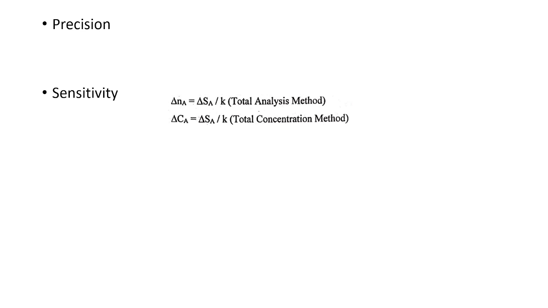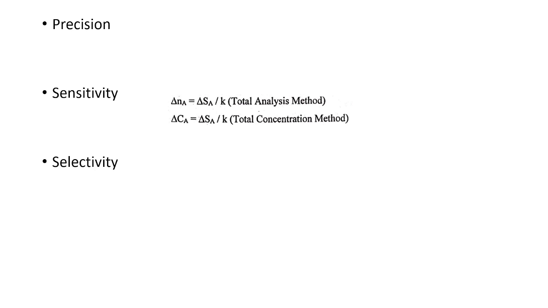If delta Sa is the smallest increment in the signal that can be measured, then the smallest difference in the amount of analyte that can be detected is given by these two equations. So that is sensitivity, meaning how small a change can be detected by your method. If it can measure the smallest change, then it is called more and more sensitive.